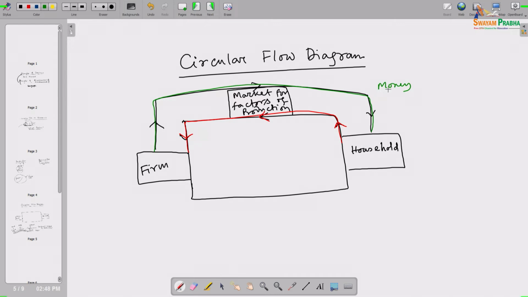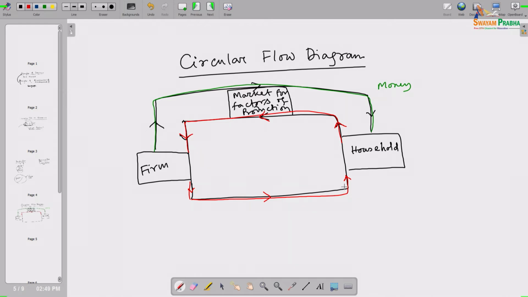Now, whatever money households are earning from the farm by selling the resources, the factors of production owned by households, what are they doing with that money? Households are purchasing goods and services from the farms. So, in the bottom panel, the red thing is also a real flow, tangible goods and services flowing from farm to households. Households purchase those from the farms for consumption.